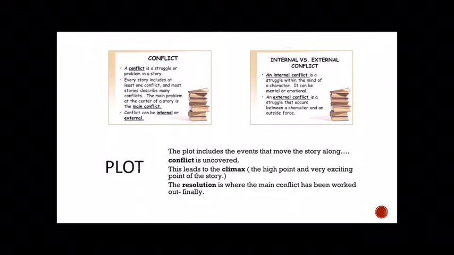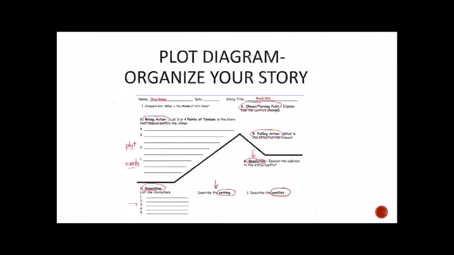Then it falls back down into the falling action, right? Things are starting to settle down and you have just a few events in the falling action until you reach a resolution. So the climax, the falling action, and the resolution all happen towards the end of the novel, right? Because this is where it's all kind of like, how is this story being resolved?